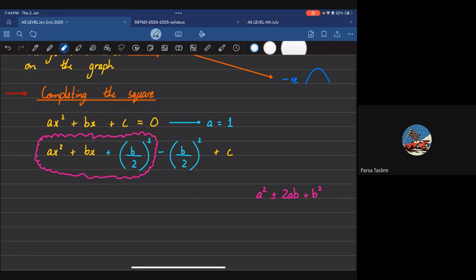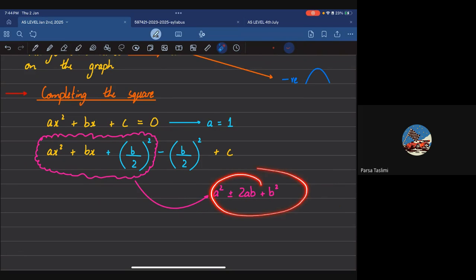So what we're going to do is try and solve it like this, because whenever a quadratic expression was written like this, we could simply write it as a plus minus b whole squared. Now the plus minus is written because it depended on the original equation itself, whether in the original equation you had a plus or a minus.